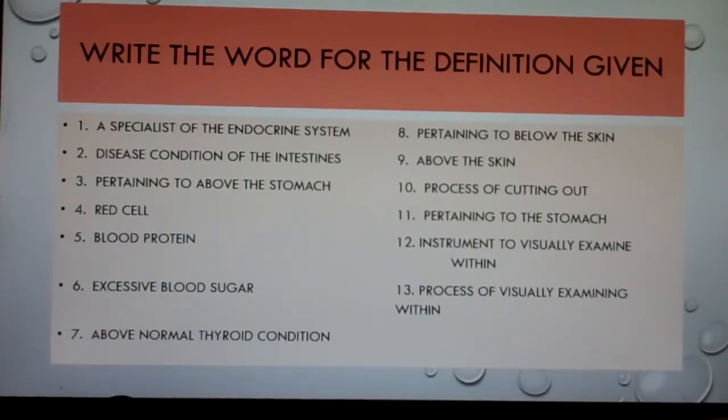Number 8, pertaining to below the skin. Number 9, above the skin. Number 10, process of cutting out.